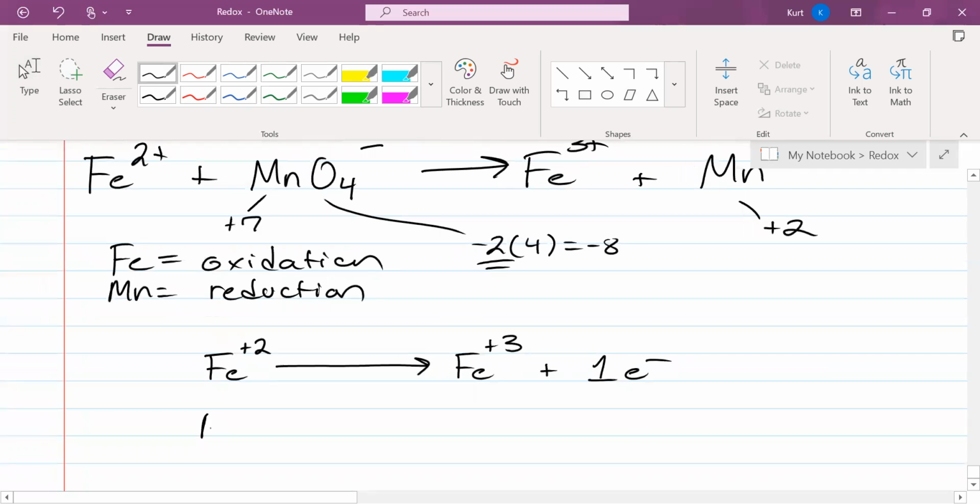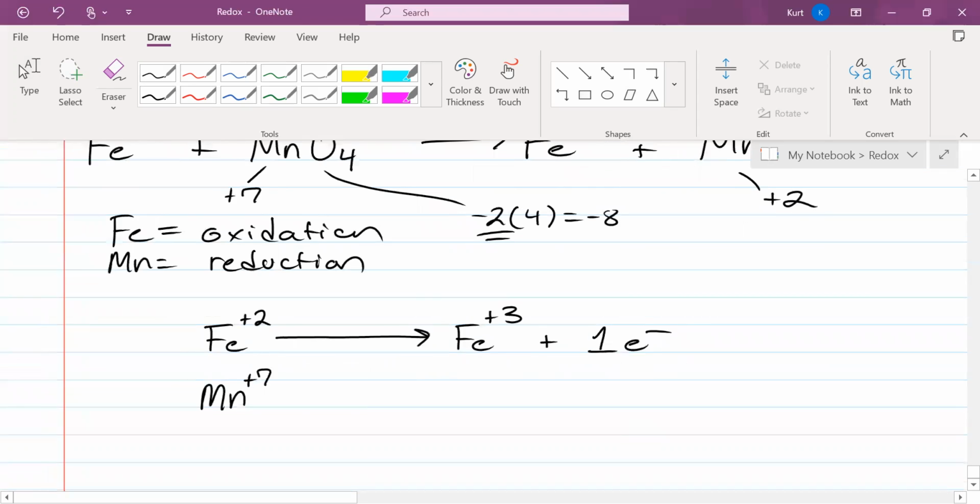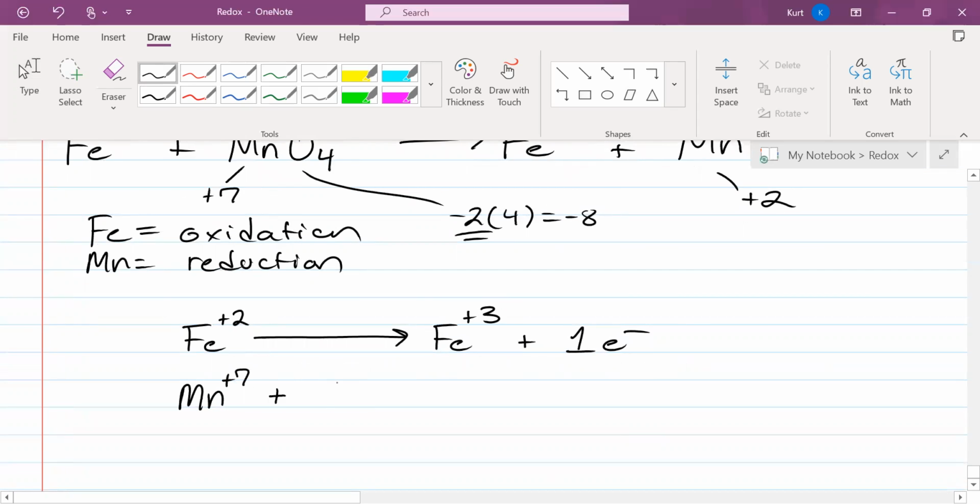And then we have manganese, another metal. It went from +7 to +2, so it gained 5 electrons to become Mn2+. Is this one balanced? No. We need to get the electrons balanced.